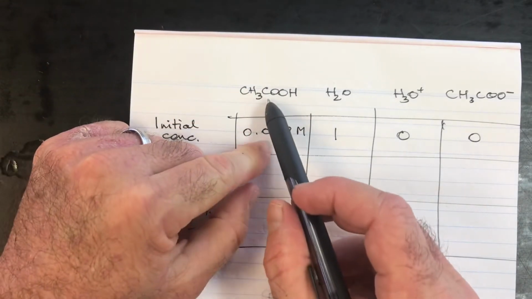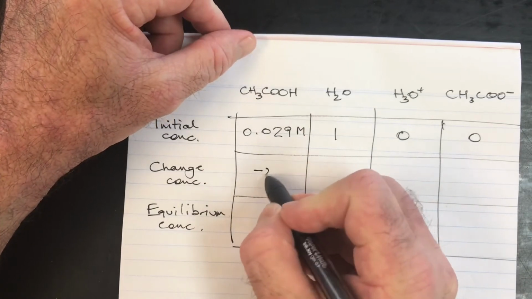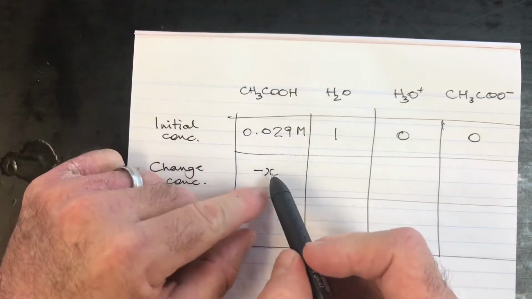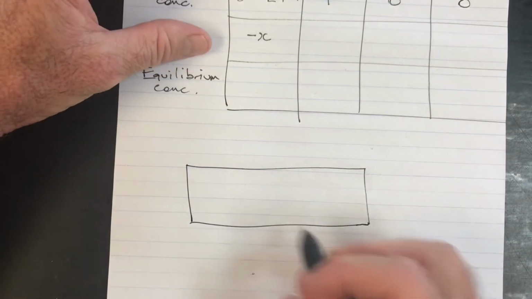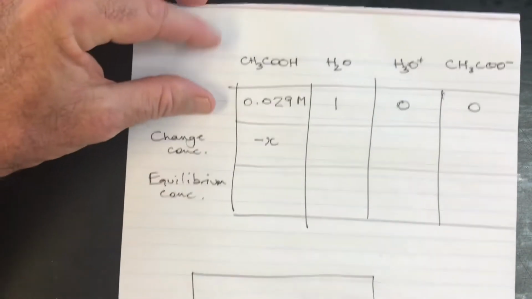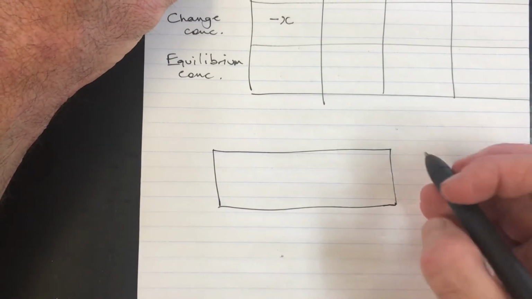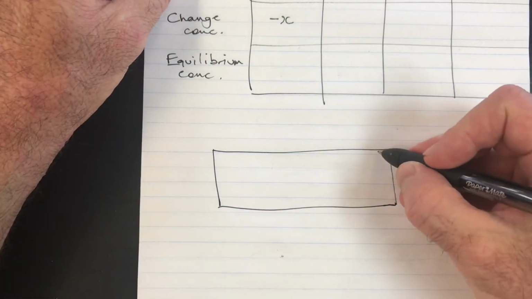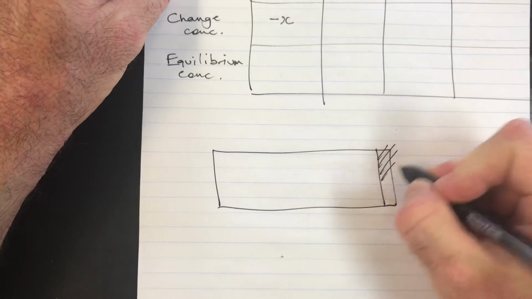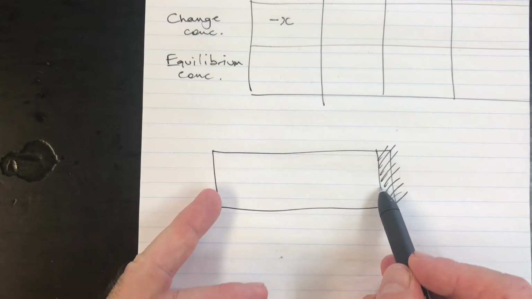Now the change in concentration. In the textbook it says that after you mix the weak acid with the water, it shows as a -X, because I'll draw a picture here to show you. If you started out with that amount of ethanoic acid at the very start, after some of that ethanoic acid dissociates, you'll end up with slightly less ethanoic acid.